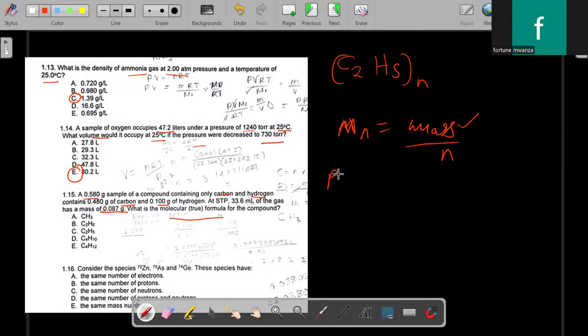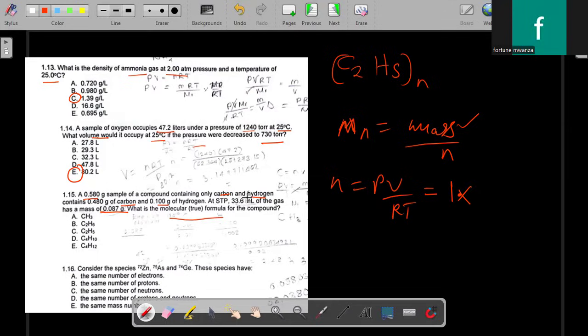I know PV is equal to nRT. So I make n the subject of the formula. So I have n is equal to PV divided by RT. The pressure at standard temperature and pressure is 1 atmosphere, times the volume.